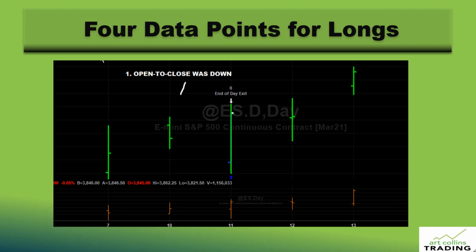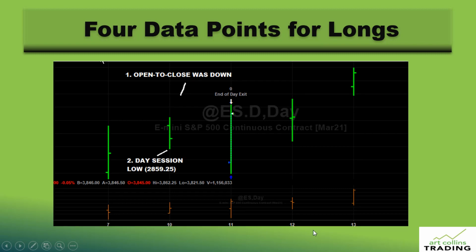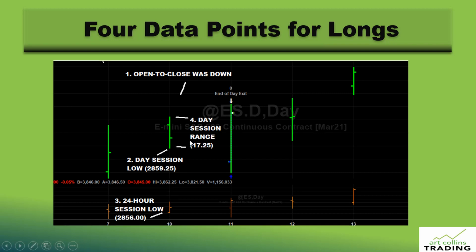So you've got 4 data points you have to look for. For the bull side, you have to know that you had a lower open to close. You have to know the day session low, the overnight session low, and the day session range.